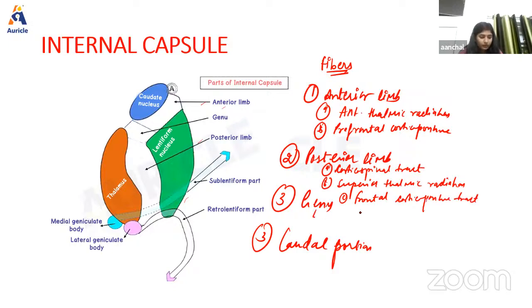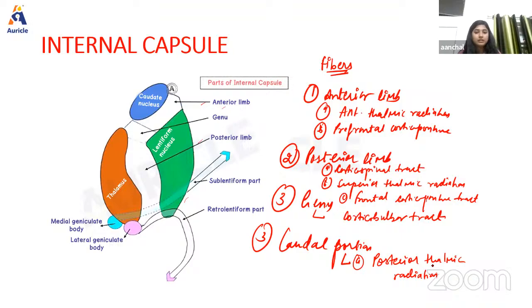Then in the genu, we have only one, that is the corticobulbar tract. Then in the caudal portion, the nerve fibers arise like the posterior thalamic radiation. Okay, so this is all about the internal capsule.